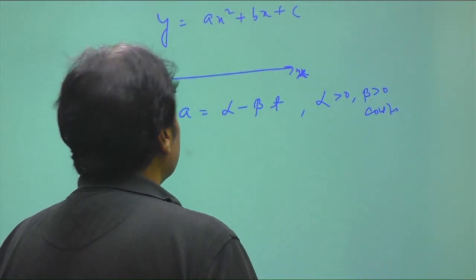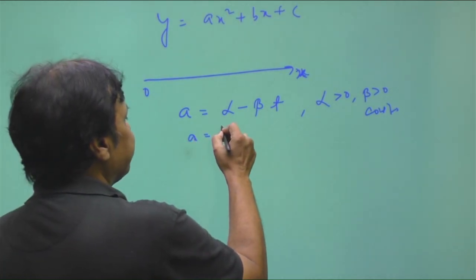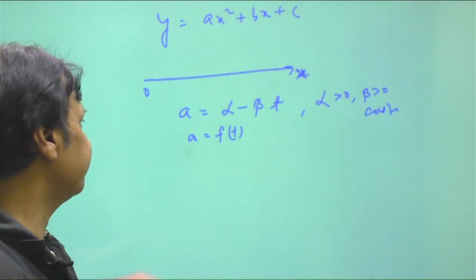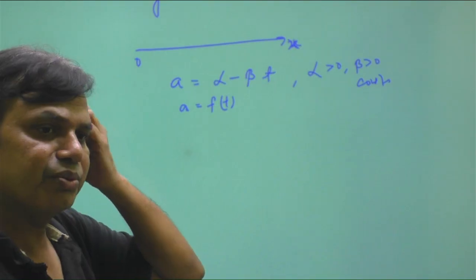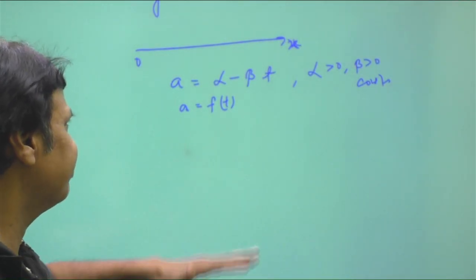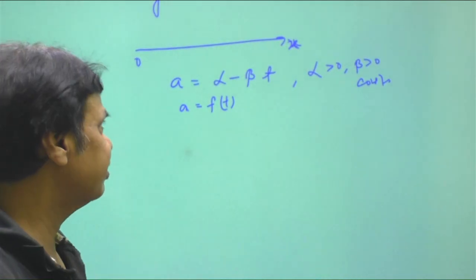So the acceleration depends on time. We usually write it, acceleration is a function of time. Then we can find one thing in a very simple manner, by separating variables. We can get the velocity as a function of time and position as a function of time.